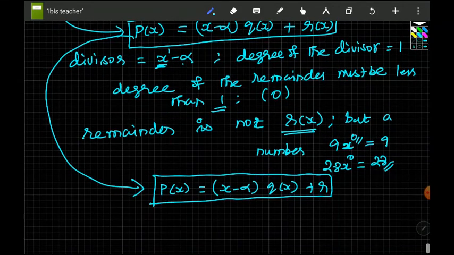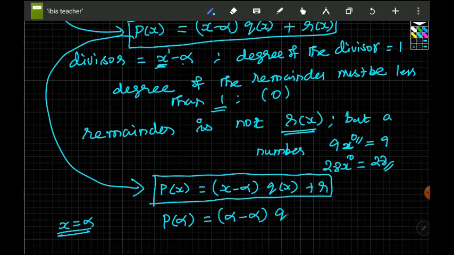But now if you substitute x is equal to alpha in a polynomial, you will get p of alpha. If you substitute x by 3, you will get p of 3. In the same way, when you substitute x is equal to alpha, p of x becomes p of alpha. x minus alpha means alpha minus alpha, into q of x plus r.